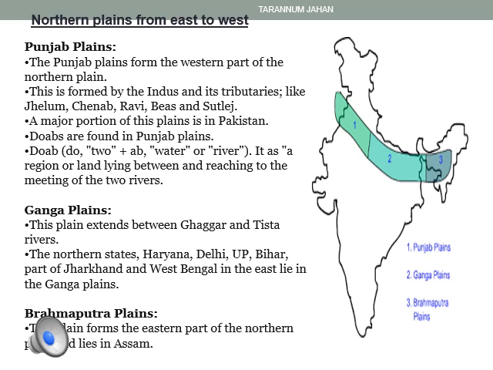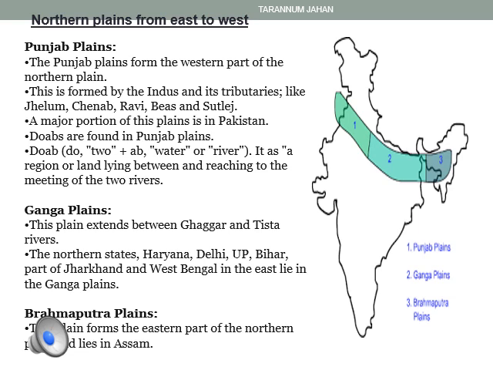The different tributaries of the Indus river are Jhelum, Chenab, Ravi, Beas, Satluj. This Punjab plain is formed with the meeting of two rivers. That is the reason why it is called Doab. Doab is nothing but two rivers meeting at one place. So this is about the Punjab plain.